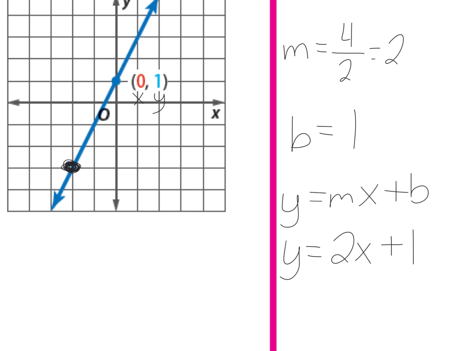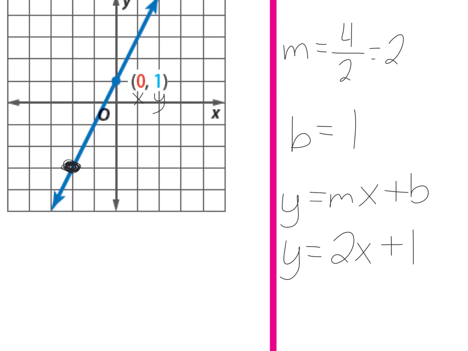When we start graphing, what's our starting point going to be? Remember, these are the only two things we know. Which one can we use as a starting point? The b, because we know exactly where that goes. That's where our starting point would be. Now, how can we find all the other points? We know rise over run.